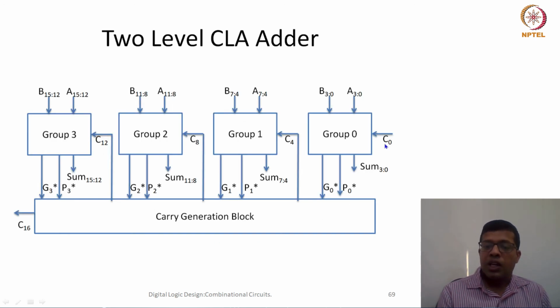So that means this C0 would be propagated to C12 only if it is propagated through group 0, group 1 and group 2. Or C12 would be 1 if it is generated in group 2, or if it is propagated in group 2 and it is generated from group 1.